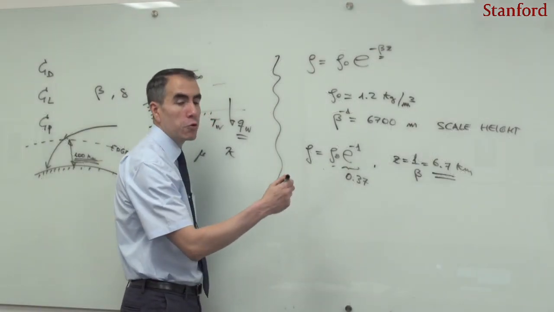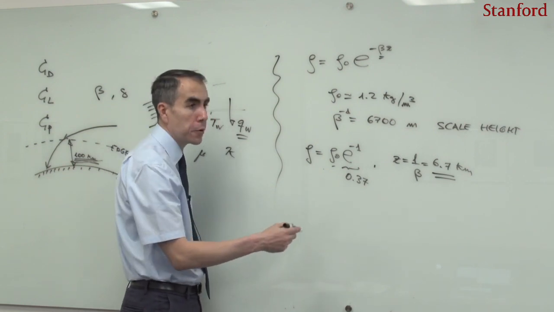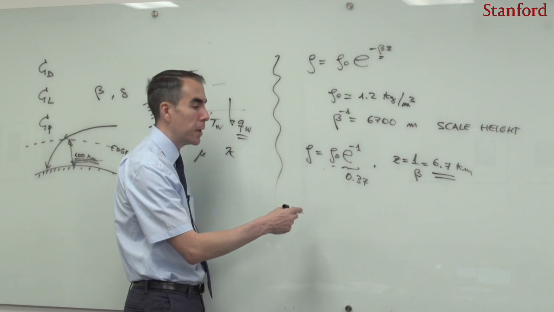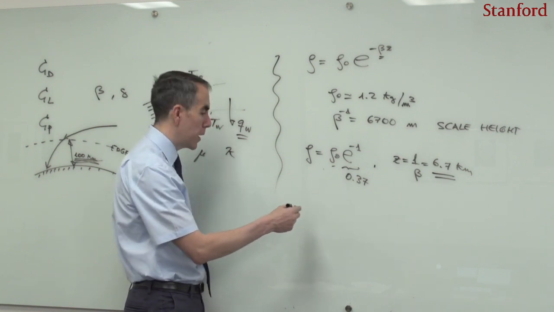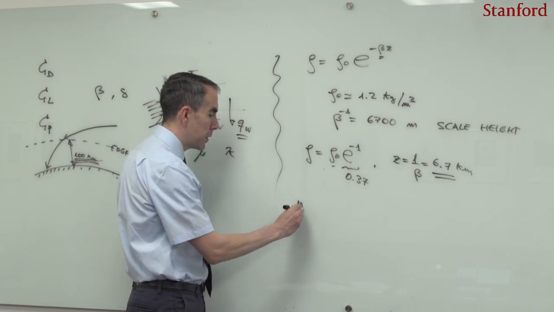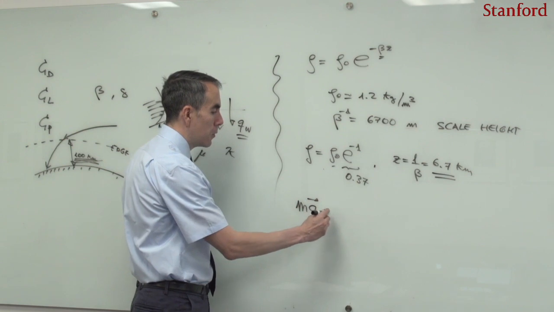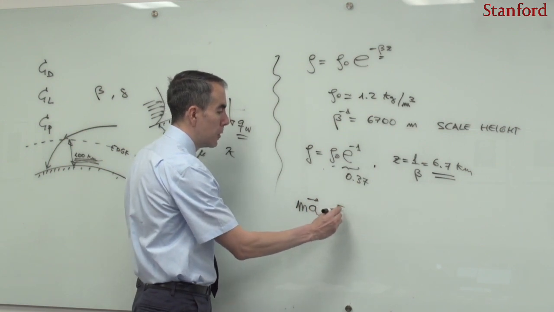So it is perhaps useful to see that those measurements of the density in the space shuttle were actually derived from the acceleration, because if one writes Newton's second law for the reentry of a spacecraft, one is going to have the mass of the spacecraft multiplied by its acceleration. This is going to be equal to a force.